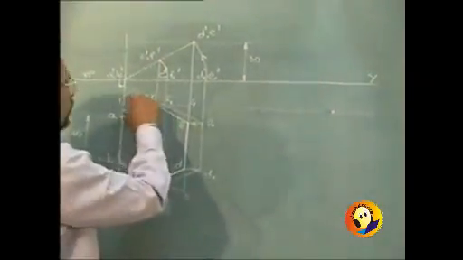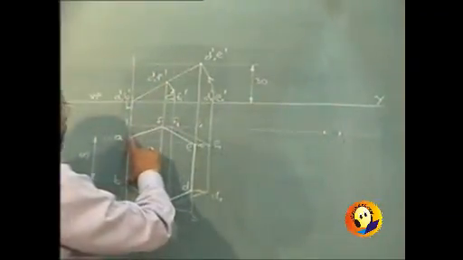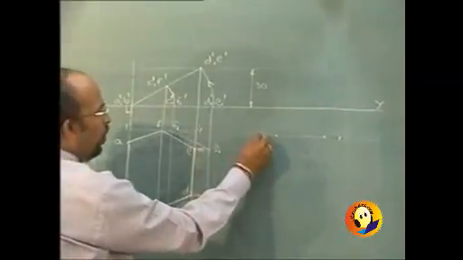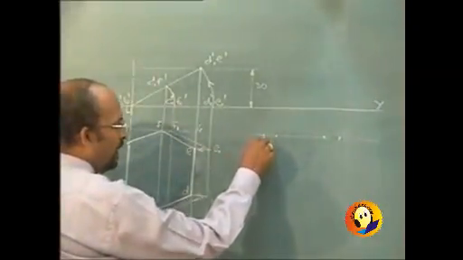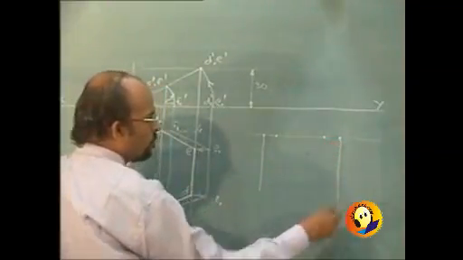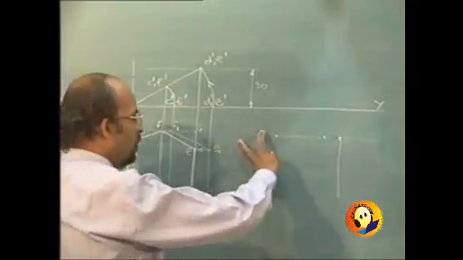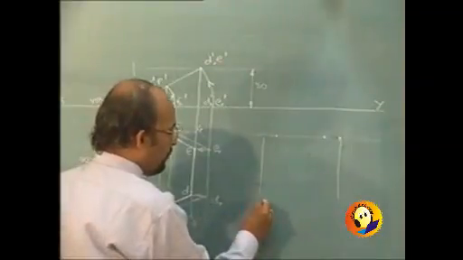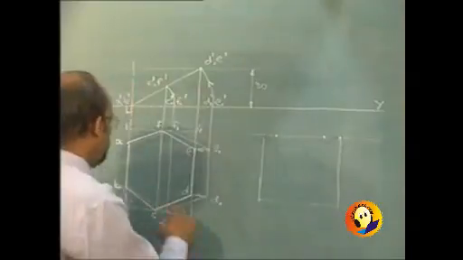and on that 1, 2 we can mark all the points like point A, then point B, and then of course point 2, and then complete the rectangle. The height of the rectangle is also known to us, 2, 3. You can mark that height. So the rectangle can be drawn.